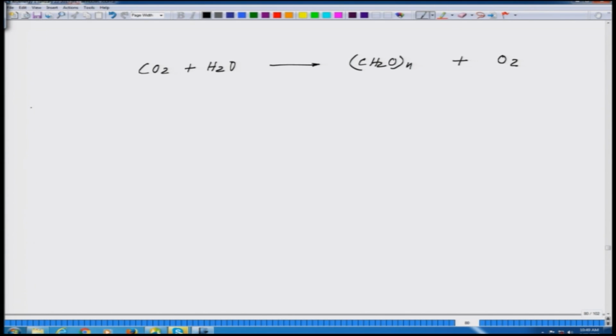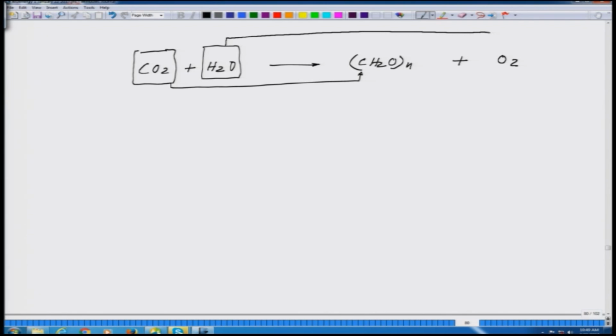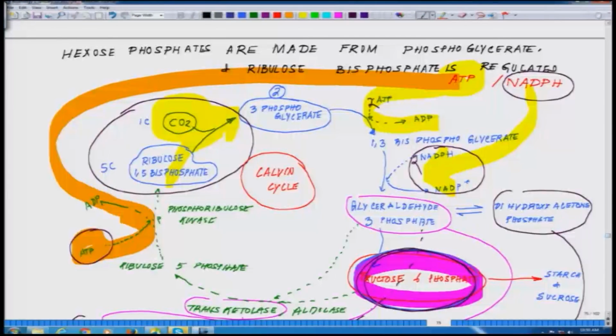This is the first reaction we started with, when we said carbon dioxide is getting reduced to carbohydrates, whereas water is getting split into protons, electrons and oxygen. Now, in this process, if you go back to the cycle, we saw there is involvement of ATPs out here.